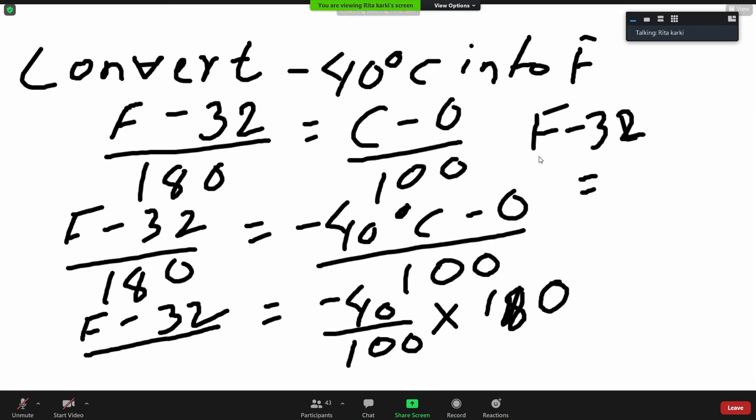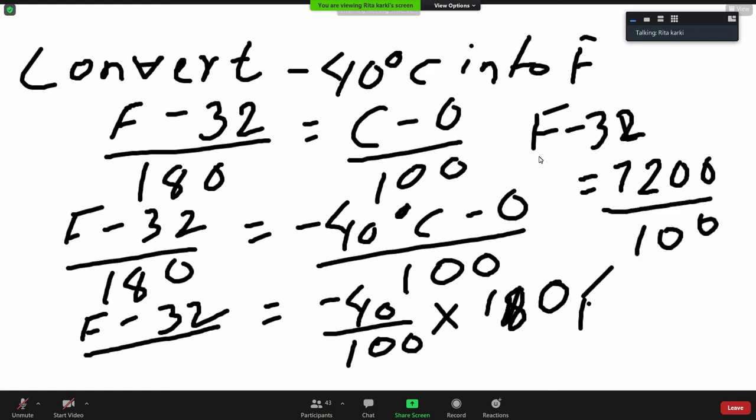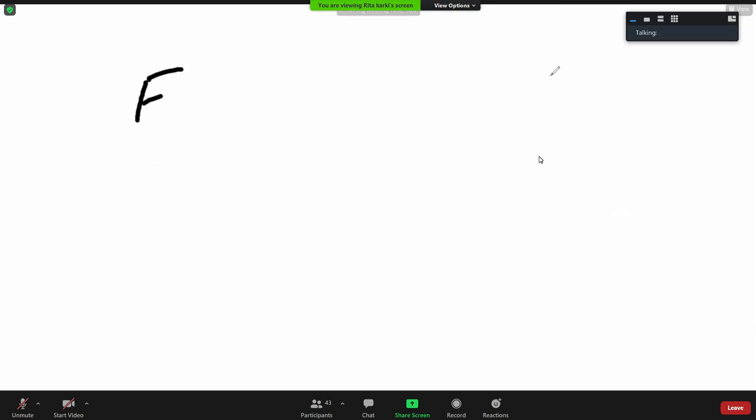That means 7200 divided by 100, which is equal to how much? 72. Minus 72. Yes, here is minus. Minus 72.